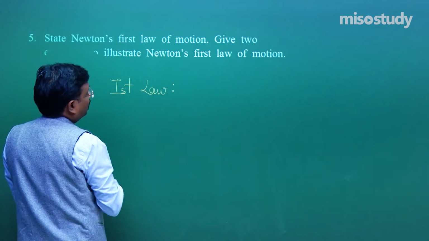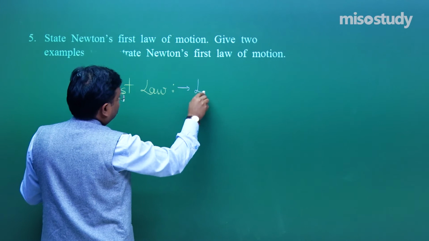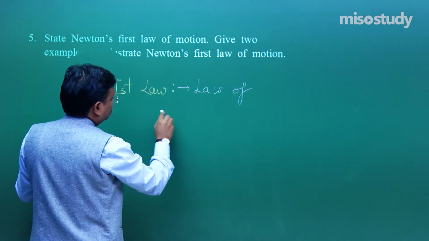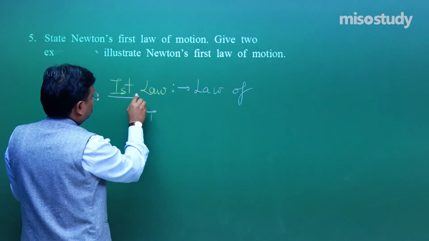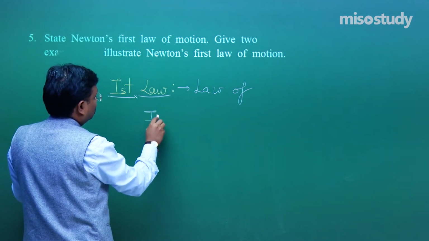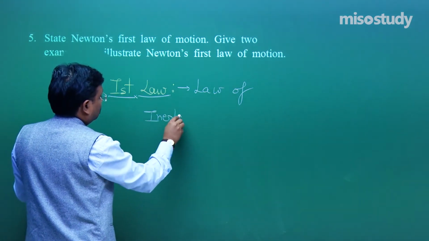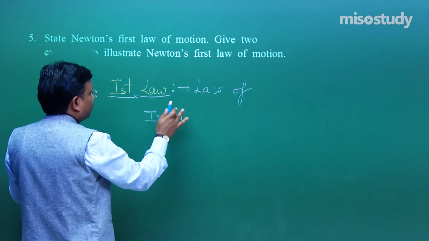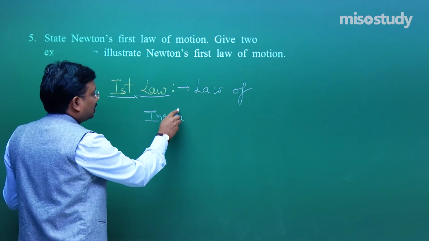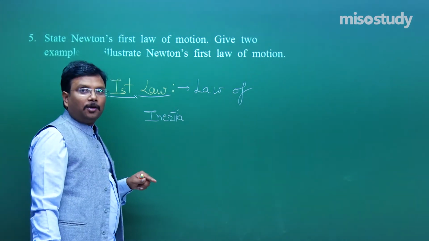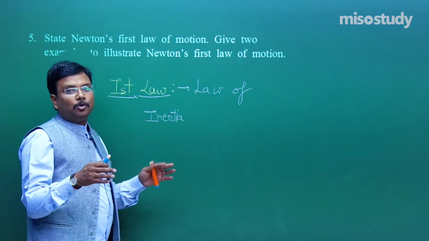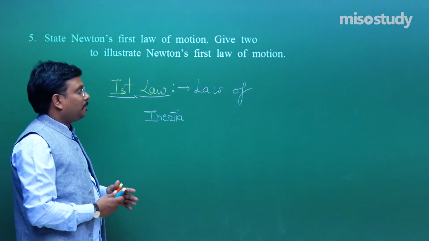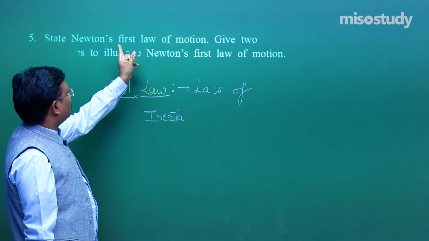And this first law is the law of inertia. That is, if any object is at rest, it would like to stay at rest, and if in motion, it would like to stay in motion. For example, law of inertia, that is the answer of the first.